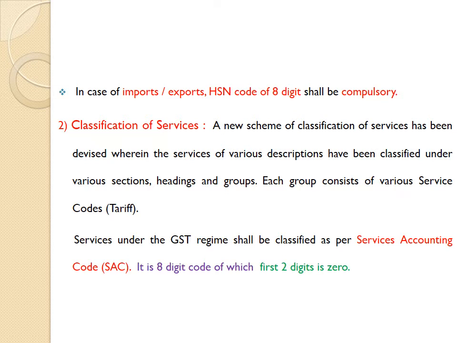Services under the GST regime shall be classified as per the Services Accounting Code, SAC. It is an 8-digit code of which the first 2 digits are 0. In classification of services, SAC is very important.